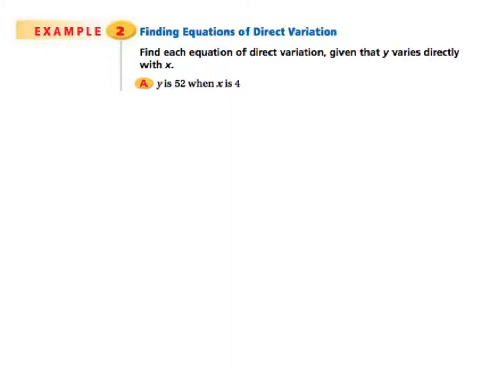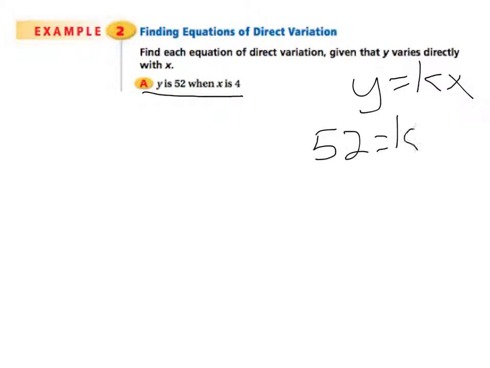Now, one of the things we're going to do here is find each equation of direct variation given that y varies directly with x. So the equation that we need to know again is y is equal to kx. Now it says when y is 52, x is 4, and we want to find k. This is really simple. All we have to do is plug in 52 for y: 52 equals k times 4.